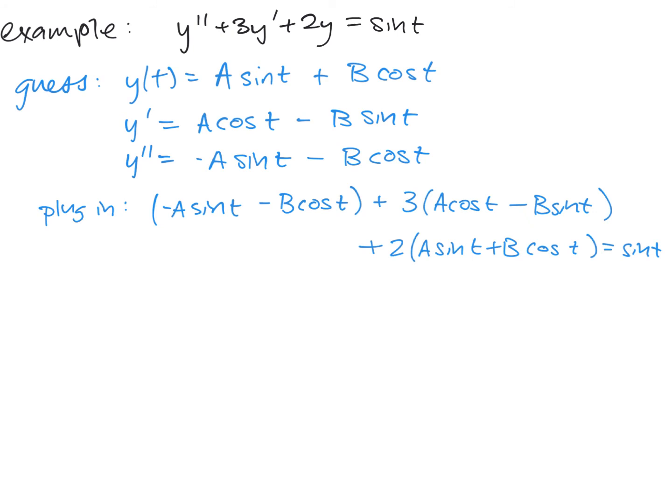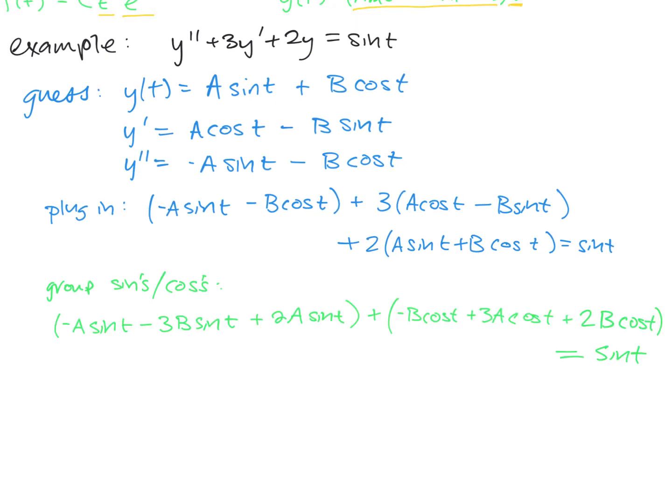This is just plugging in my y prime and y double prime. And now I can group terms. So group sines and cosines. And then we can compare things. So that's going to give me this.